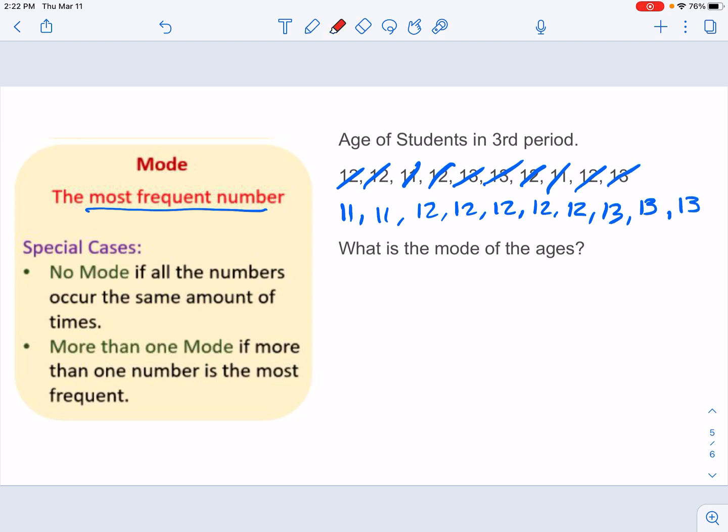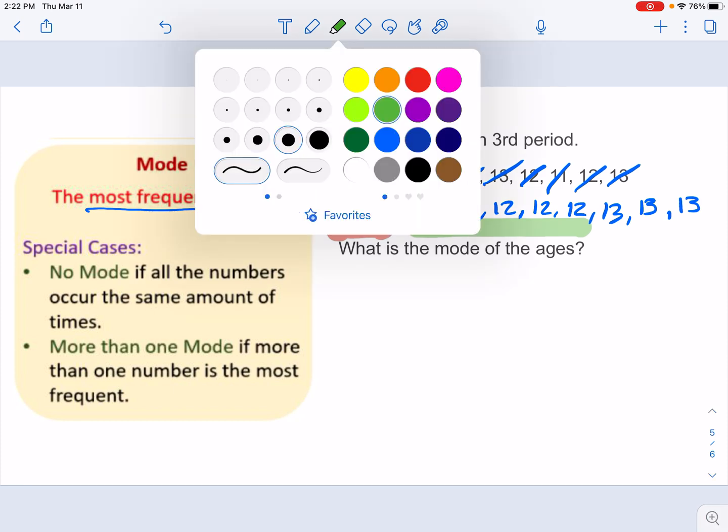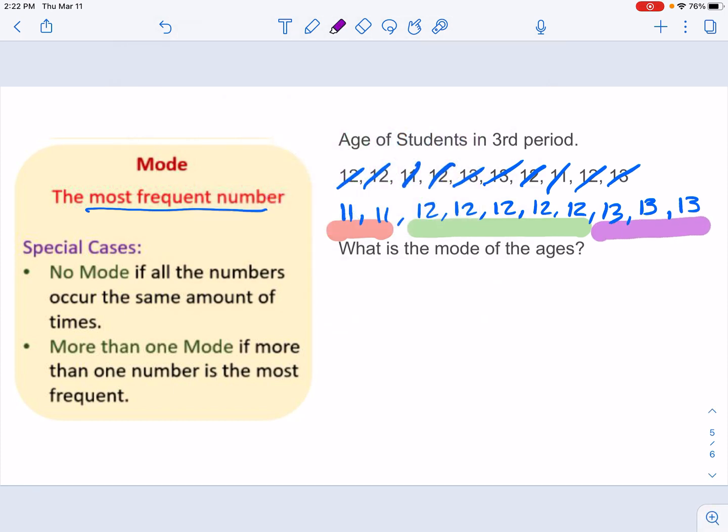Okay, so we see that there's two 11s. There's 1, 2, 3, 4, 5 12s and 3 13s. So the number that appears the most is 12. Most of the kids in third period are 12, and that's how we find the mode.